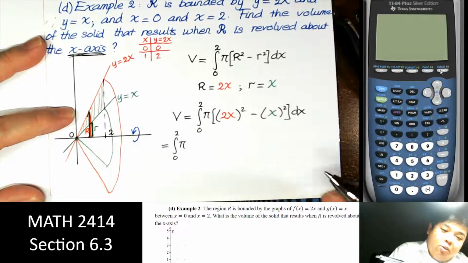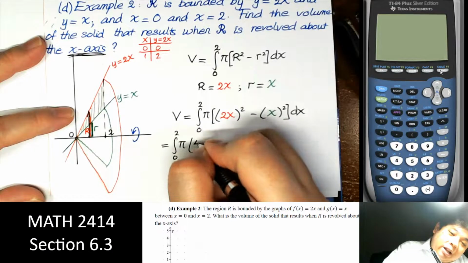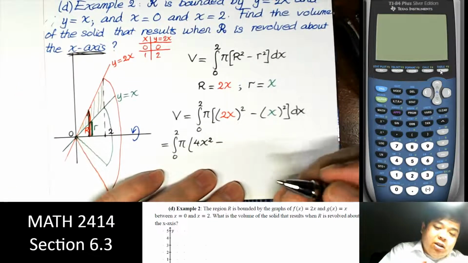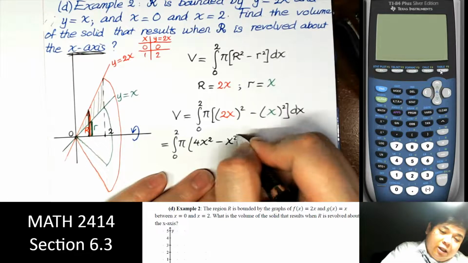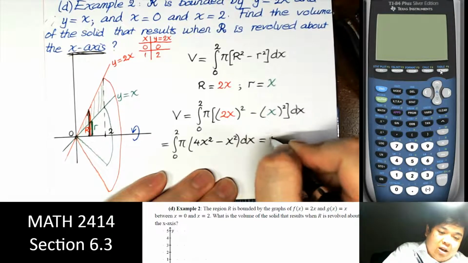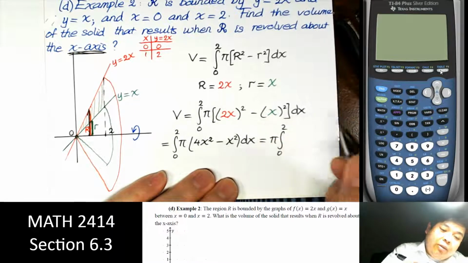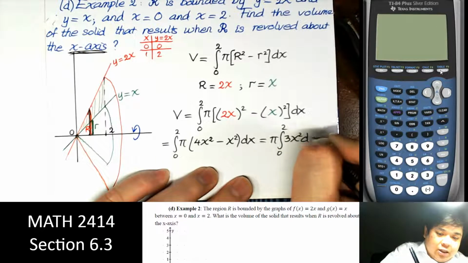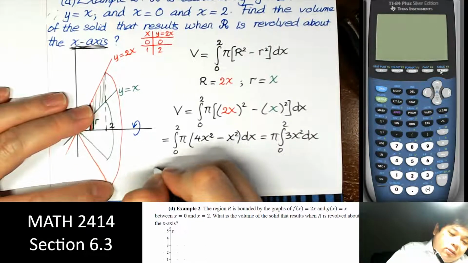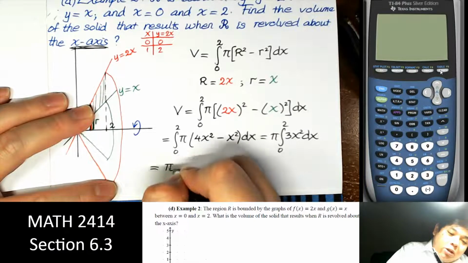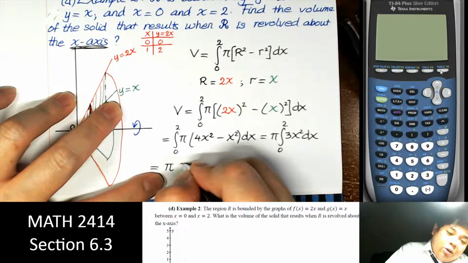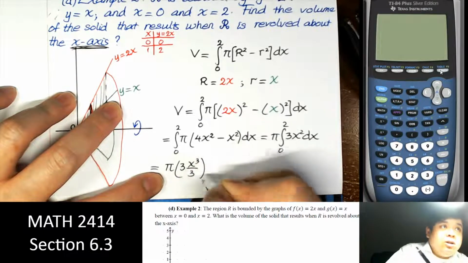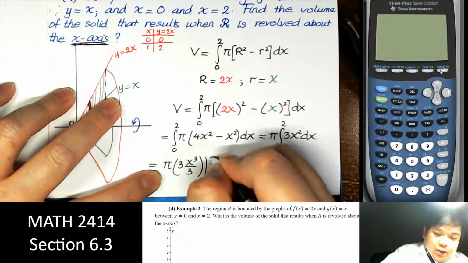Just leave pi there for a moment. 2x squared is 4x squared minus x squared, dx. We can take the pi outside. 4x squared minus x squared is 3x squared, dx. So it is going to be pi times the integral of 3x squared, which is x cubed over 3, going from 0 to 2.